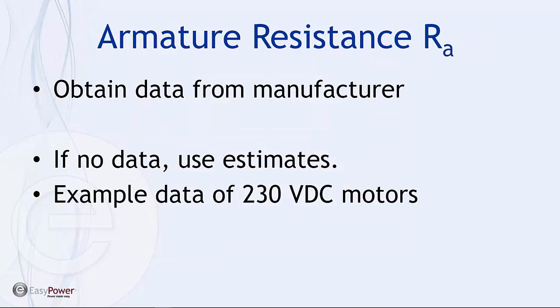So what we've done, for example, if you don't have data sheets for older models or older motors, is to come up with some estimates. And this is essentially an example of the process we use to characterize 230 volt DC motors.